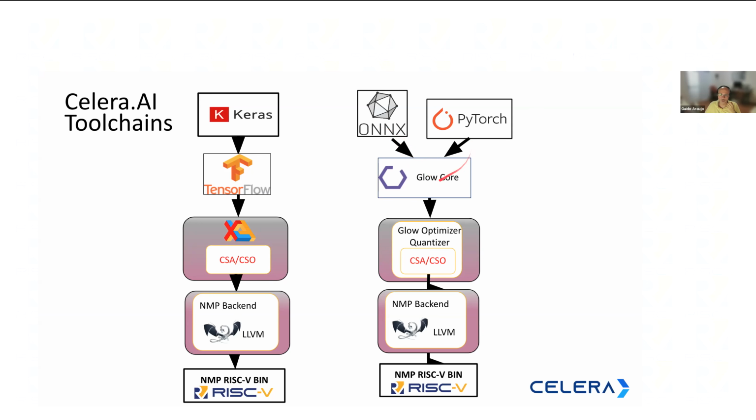We also take PyTorch, move it to Glow, and then go into the Glow optimizer and quantizer. And then we have the CSO technique here, and then move it to an NMP and then the RISC-V toolchain as usual. We also experiment with the RISC-V simulator as part of the tool development of these two chains. So as you can see, the CSA and CSO techniques have been used here for neural processing units.